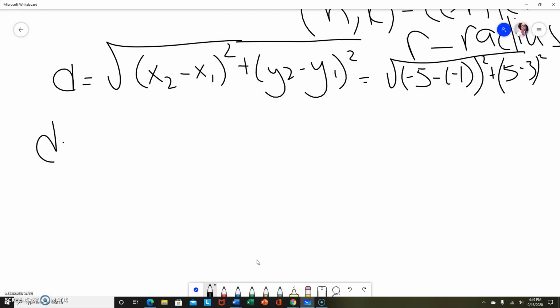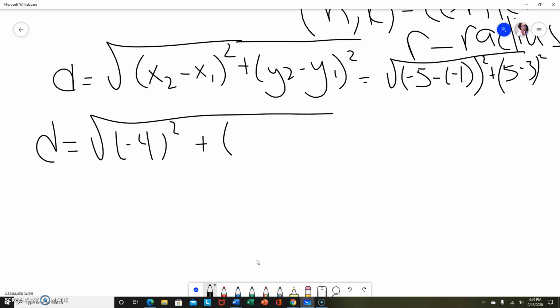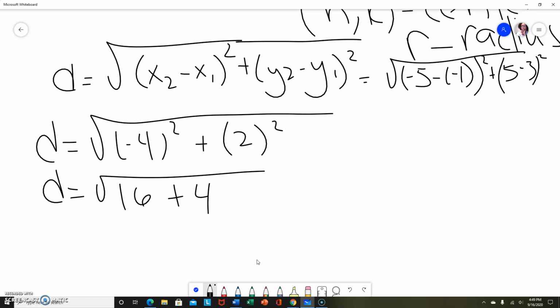So I get d equal to the square root of (-1 plus 1, because a negative times a negative turns to a positive) so -4 squared plus 5 minus 3, which is 2 squared. Notice that I'm squaring everything, so negatives will go away. So I get the square root of 16 plus 4, which is the square root of 20.